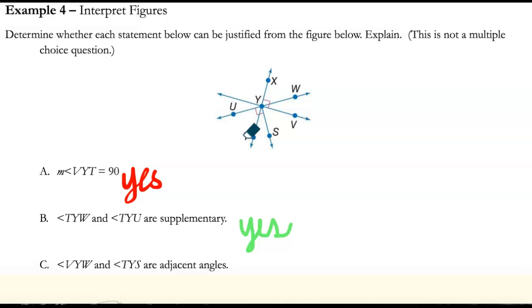So I have V, Y, W, and T, Y, S. Well, unfortunately, they have two non-common sides. I'm going to show you the non-common sides, which is one of the qualifications, but they don't share a common side. So in this case it would be no, because they don't have a common ray between them.